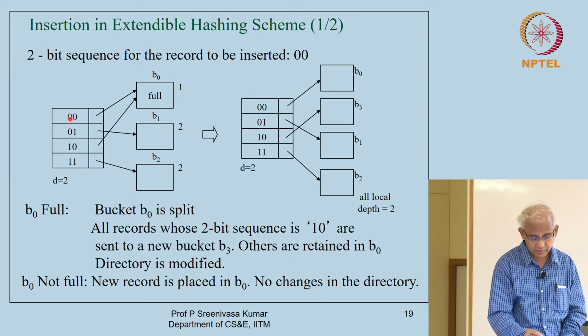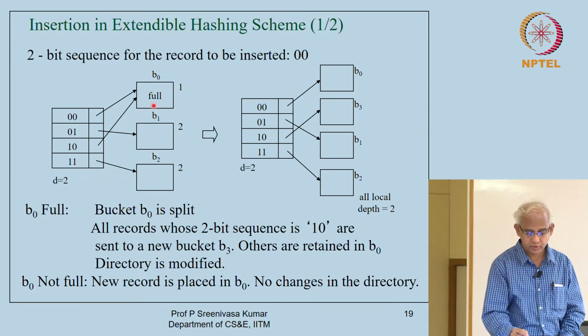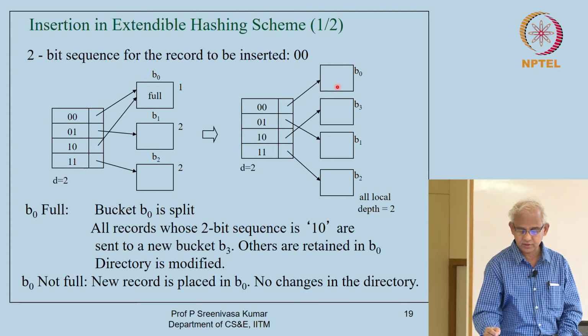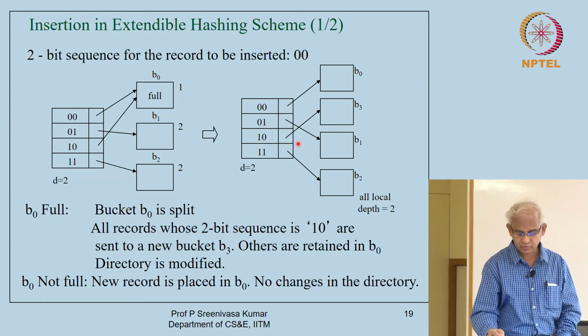Actually, in the previous case 0 0 and 1 0 were both pointing to this place. So if you consider the set of all records here, they have either the 2-bit sequence 0 0 or the 2-bit sequence 1 0. When you split it, you retain all those records that have 0 0 as the sequence in B0 and send all those records that have the 2-bit sequence 1 0 to the new bucket. That is what we have done here.